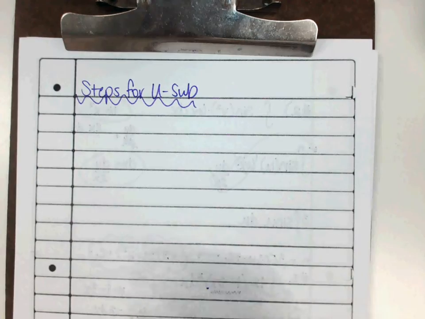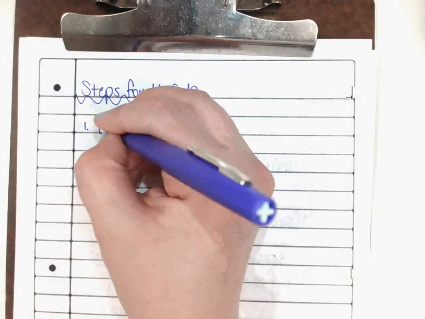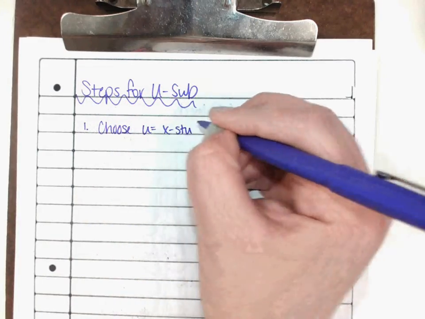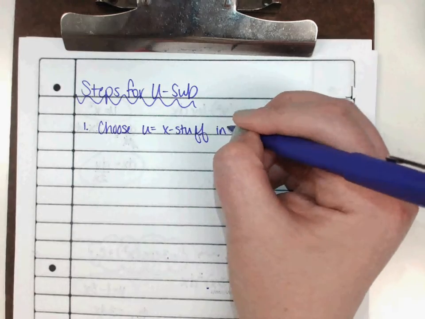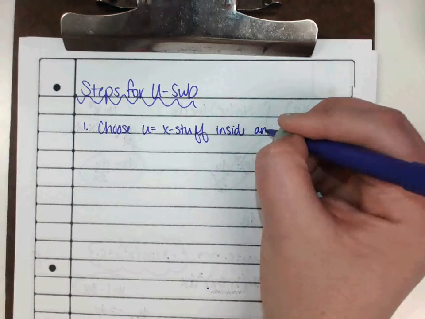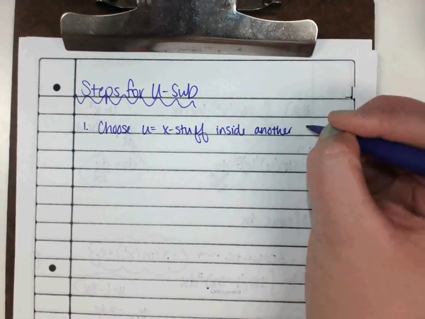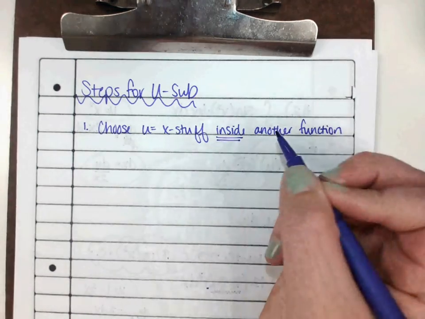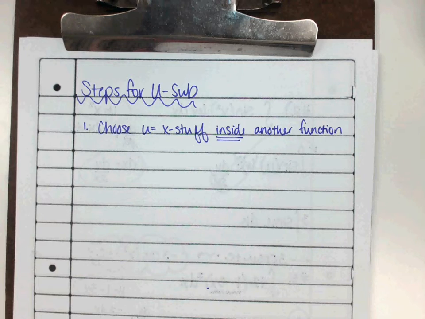Okay, steps for you. Step number 1, you're going to choose u equal to x stuff inside another function. You want the most inside x stuff that you can find.